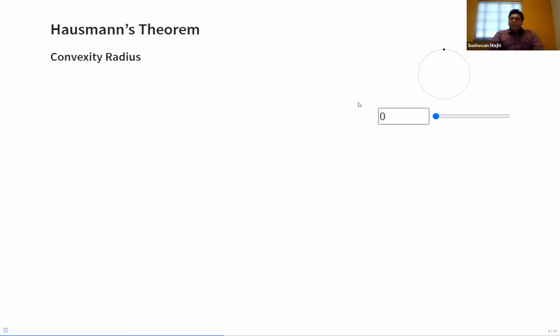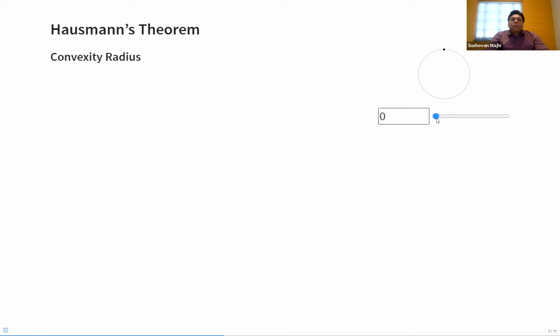All right, now I'm ready to state Hausmann's theorem, but I need a little definition here. It's called convexity radius. Usually what happens if you have a manifold, let's pretend on the right we have a manifold. It's the circle of circumference 1. It's a unit circumference circle. You take a point, you take any point, let's take the North Pole, as you can see, the black dot on the top.